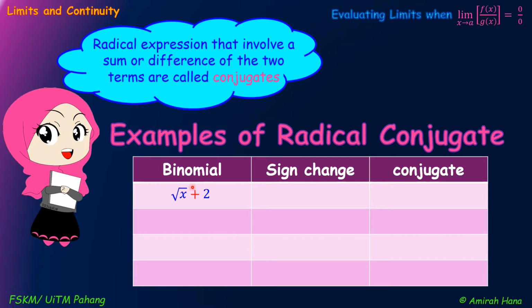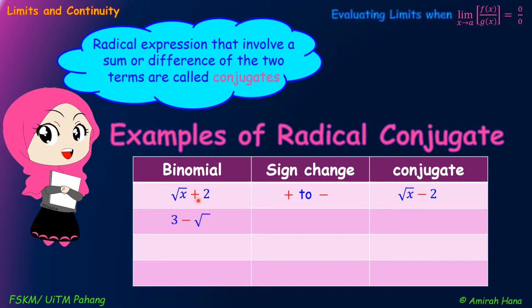If we change the sign from positive to negative, we get its conjugate, which is radical x minus 2. We change the plus sign to a minus sign. So this is called the conjugate of this binomial.